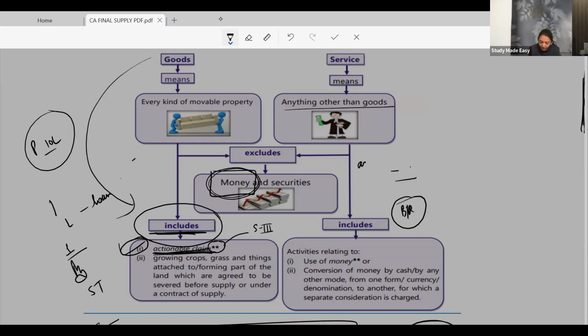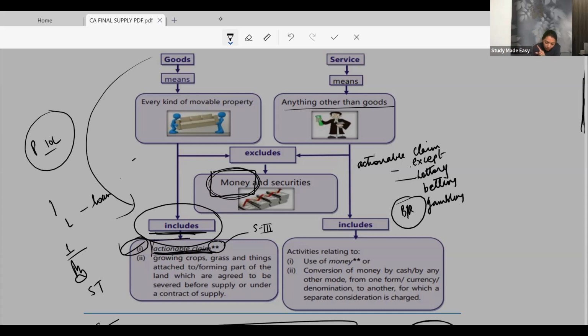Actionable claims are neither supply of goods nor supply of service, except lottery, betting, gambling. Acha, are you getting the purpose? They mainly wanted that lottery, betting and gambling should come in the purview of GST.